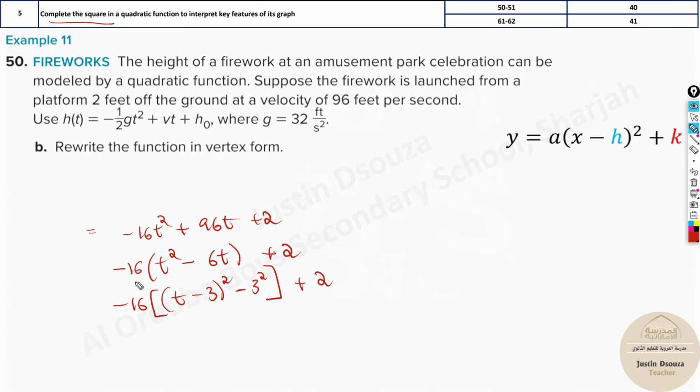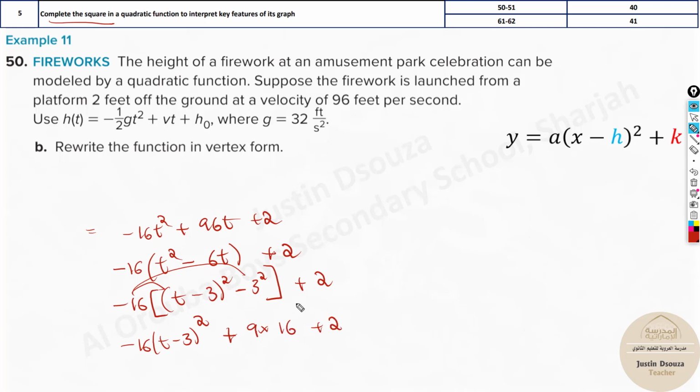Now this 16 has to be multiplied inside like a distributive property. It will be negative 16 times t minus 3 the whole square. And this is all numbers, okay? Minus and minus will become plus. 3 squared is 9. I'll write it as 9 multiplied by this number 16 and then plus 2.